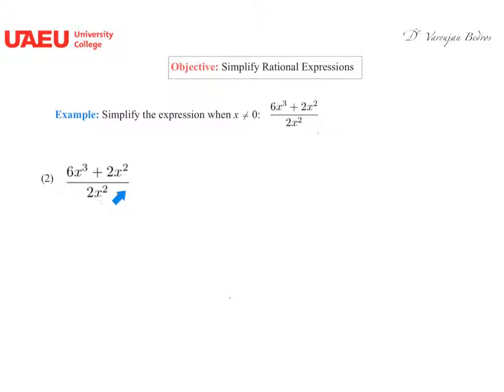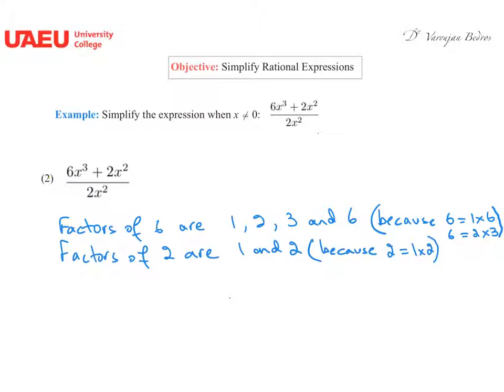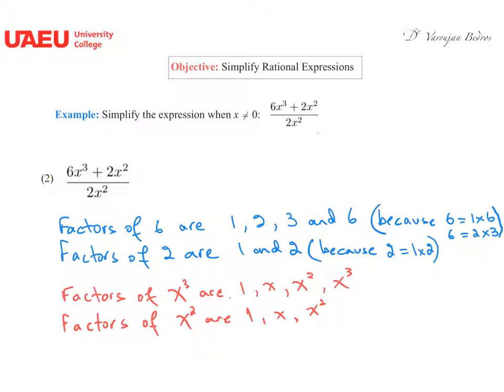Another way to simplify this expression is to factor the numerator first. In order to factor the numerator, we look for the greatest common factor between 6 and 2 and the greatest common factor between x power 3 and x squared. After studying the list shown here, you can see that the greatest common factor between 6 and 2 is 2 itself.